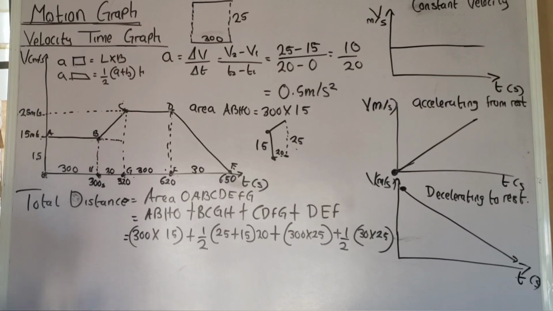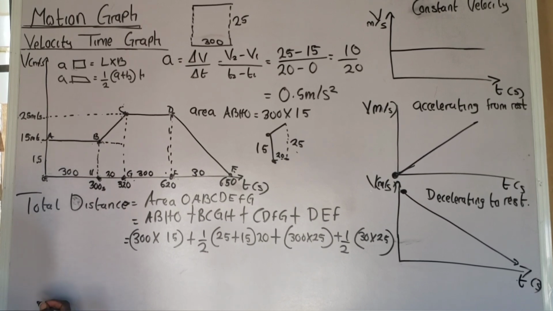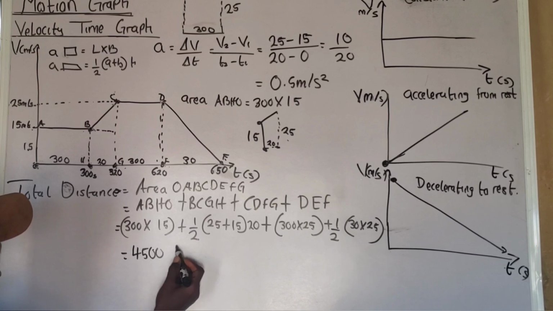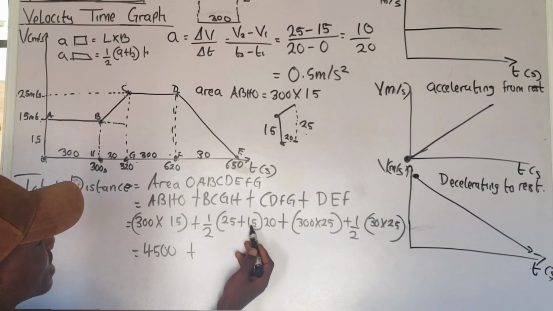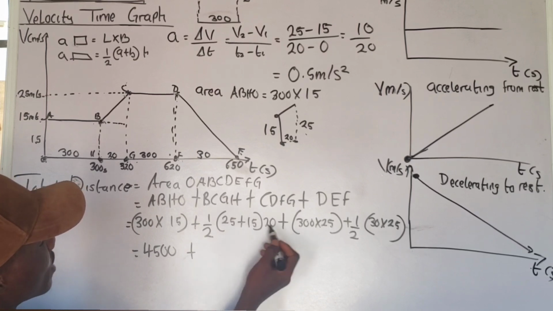Now, we can calculate the total distance by adding all these values. 300 multiplied by 15, that will be 4,500. Plus 25 plus 15, that is 40. 40 divided by 2 is 20. 20 times 20 is 400.